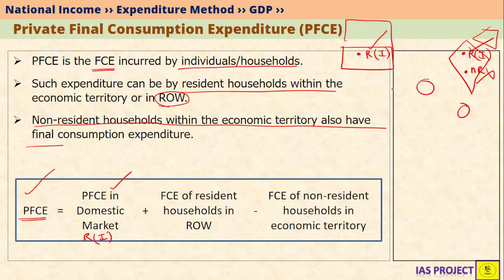Wherever the residents of India are there, they may be outside India. So this factor adds those: final consumption expenditure of resident households in the rest of the world. We also need to remove this term, final consumption expenditure of non-resident households within the economic territory of India. So to get private final consumption expenditure, we need to consider these three terms.